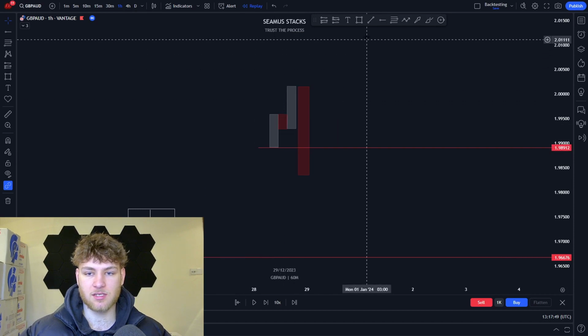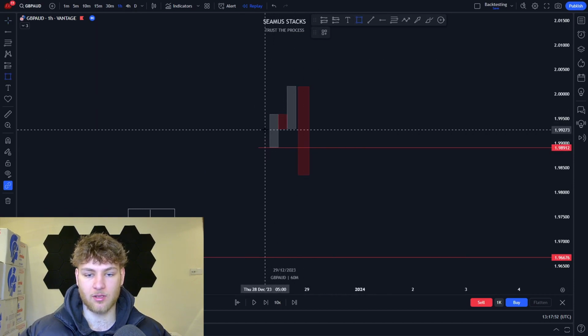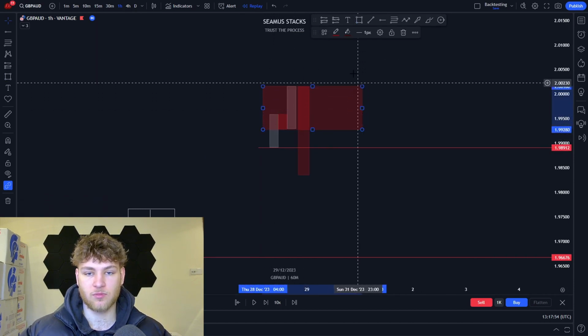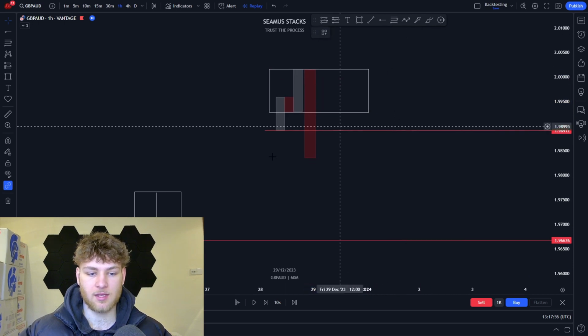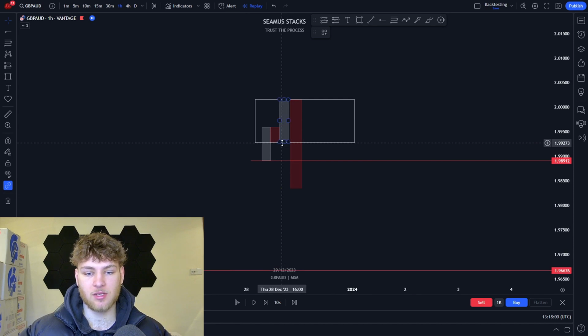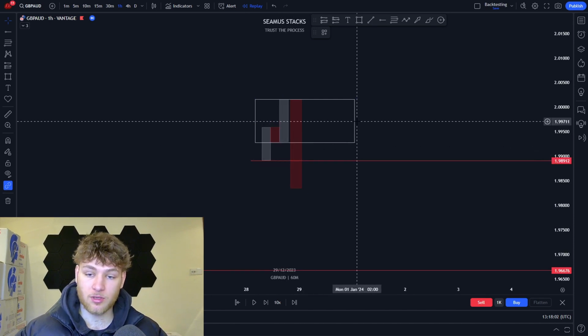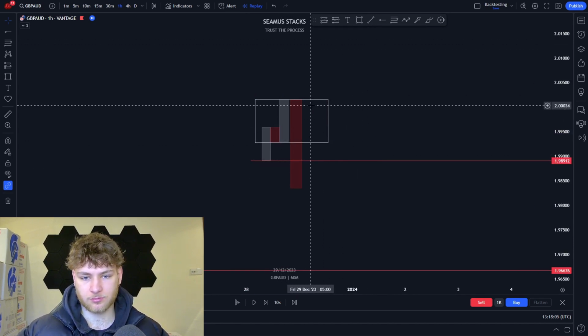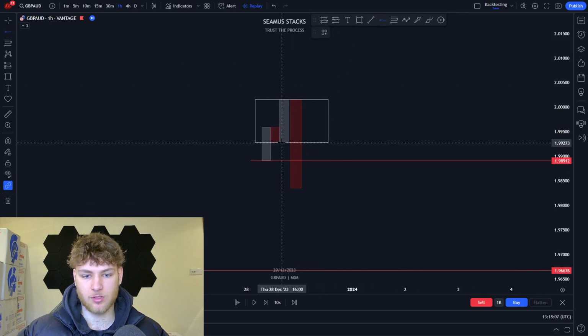Now, what that indicates is this is our wick now here. Okay, so this is our wick, and that is exactly what this box is here. And we can see that we have a supply zone right here on the lower time frame. So that would end up being our supply zone.